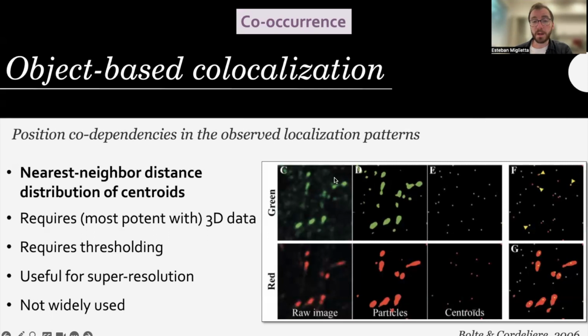Basically, it involves, again, setting a threshold for both channels. Then from those thresholded areas, you get the centroid of each individual object or each individual area, so the point in space that is basically at the center of the object, and then setting some distance threshold to decide if these are closer together than random chance or not.